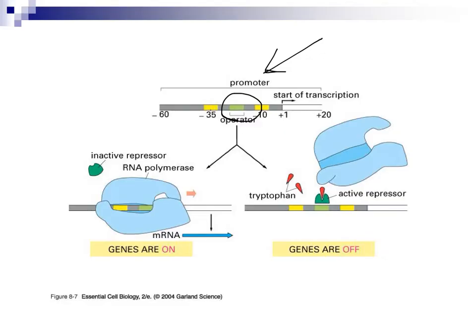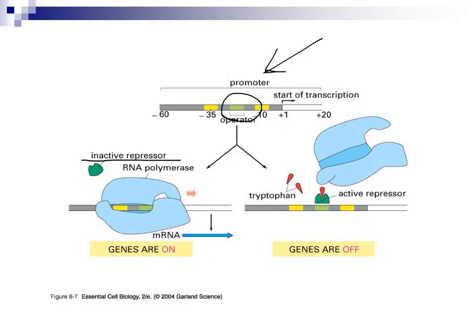Now, in this particular case, if we look over on the left-hand side, there is an inactive repressor. Now think of just the part of the term called repressor. Repressor would mean stopping or decreasing. So if it's a repressor, the job of that little green protein there, if it was in position or if it was doing its job, would be to repress transcription.